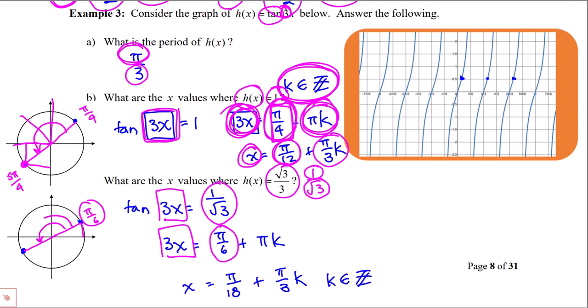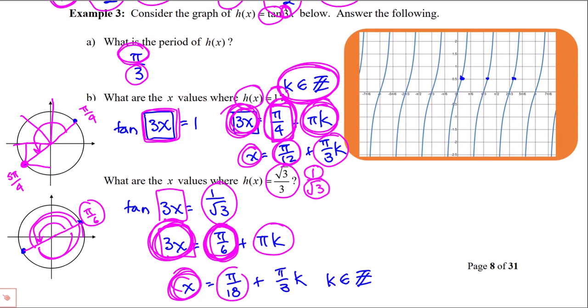And then if I go pi, pi, pi, pi, I get all of them. But I don't want 3x, I want x. Well, how do I get x? I divide by 3. Divide this by 3, I get x. Dividing this by 3 is like multiplying by a third. I get pi over 18. Divide this by 3, I just put a 3 below. And again, k is an integer.